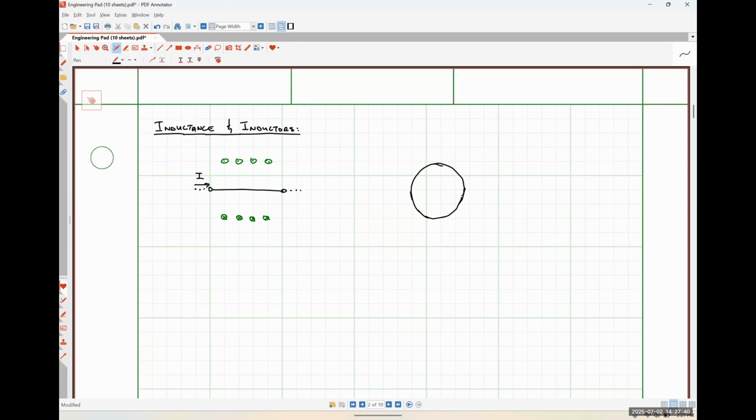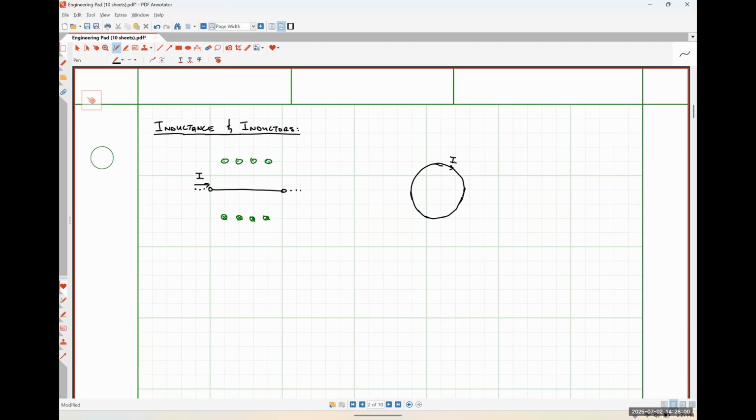And let's say that our current is flowing clockwise around our wire, like so. In a situation like this, the right-hand rule can also be used.